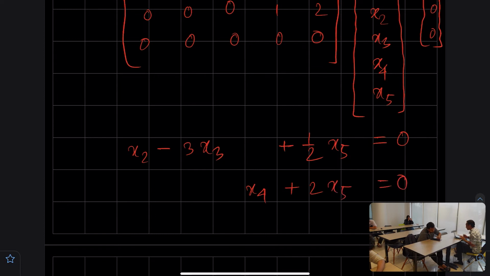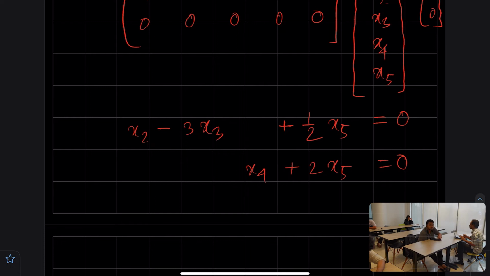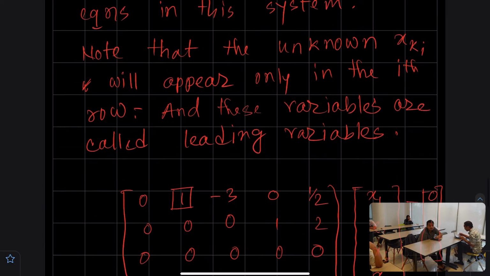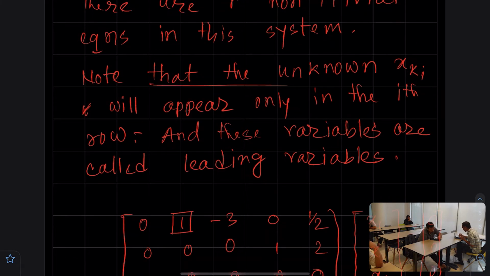This is another equation, and the last equation is the trivial equation, right? So this variable x2 is the leading variable. Here this is also a leading variable. So note that the unknown x sub ki will appear only in the ith row.